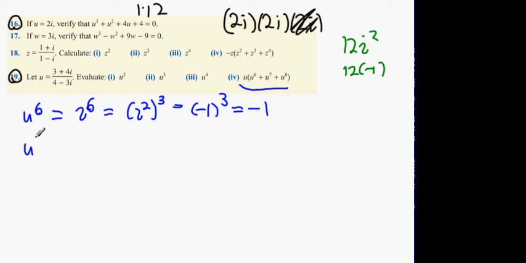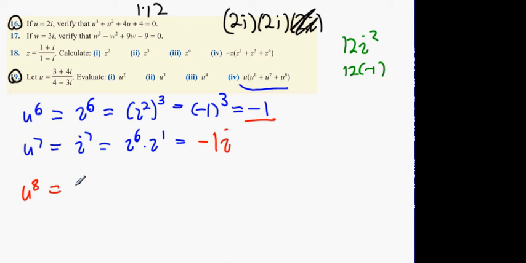Then the next one is u7. u7 is i7. And i7 is the same thing as i6 times i1. And then i6 is what? So minus i.